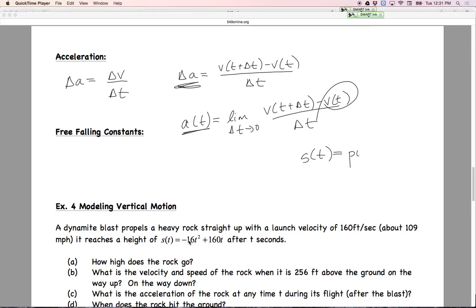So, position. What's the derivative of position? Velocity. Hang with me. I'm almost done. One more statement, right? Now, if the derivative of position is velocity, what's the derivative of velocity? Acceleration. Now, hold on. This is huge.